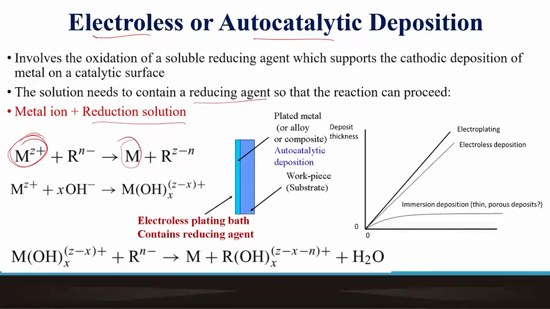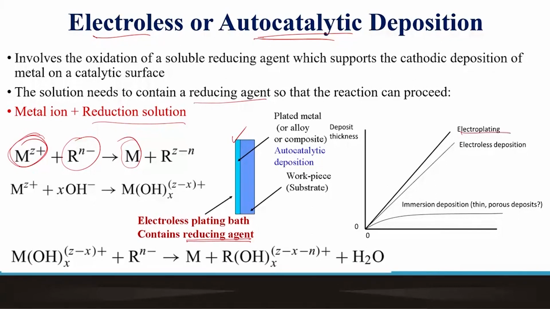That means these positively charged ions get reduced into neutral atoms, and these atoms get deposited onto the surface. So this is the deposit created by the so-called autocatalytic process. The presence of the reducing agent is very important because this reducing agent is responsible for the reduction reaction, because of which such deposition takes place.